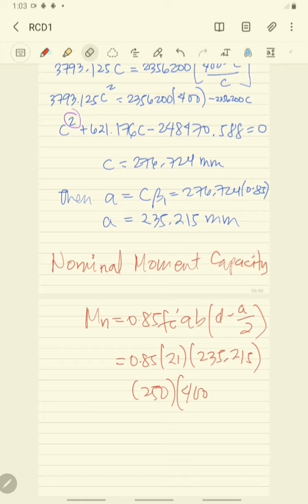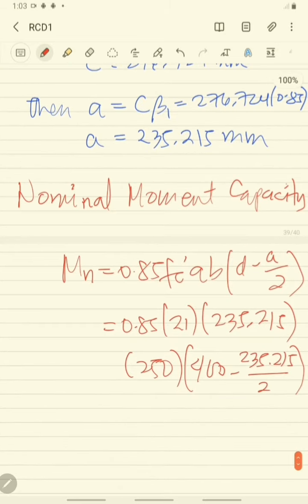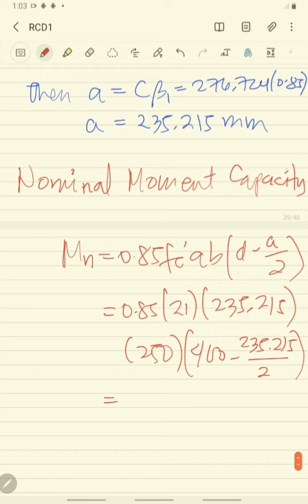So please remember the formulas we derived in the last meeting. I hope you remember those formulas. I just directly write the formula in this example. So you have 0.85 times 21 times 235.215 times 250 times 400 minus 235.215 divided by 2.